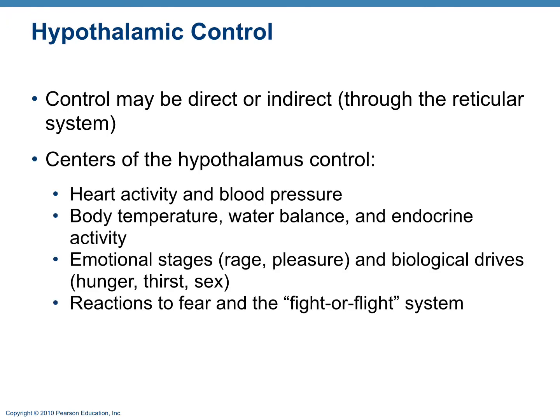So when we talk about hypothalamic control, we see it controls heart rate, blood pressure, body temperature, water balance, and endocrine activity, because it controls both the anterior and posterior pituitary, the anterior hormonally, the posterior neurologically. It also plays a role in emotional states and biological drives, and reactions to fear and the fight or flight system.